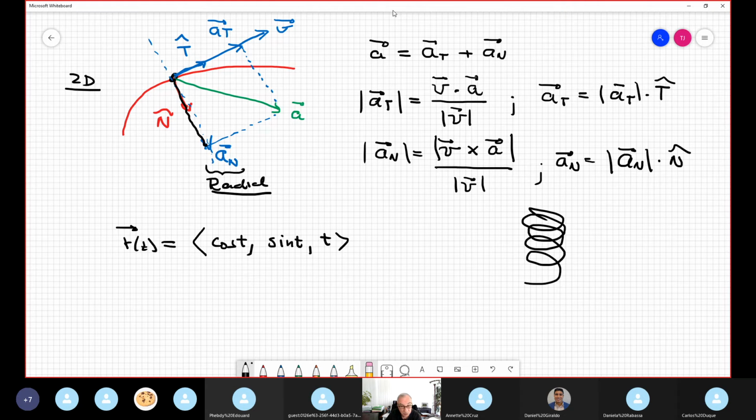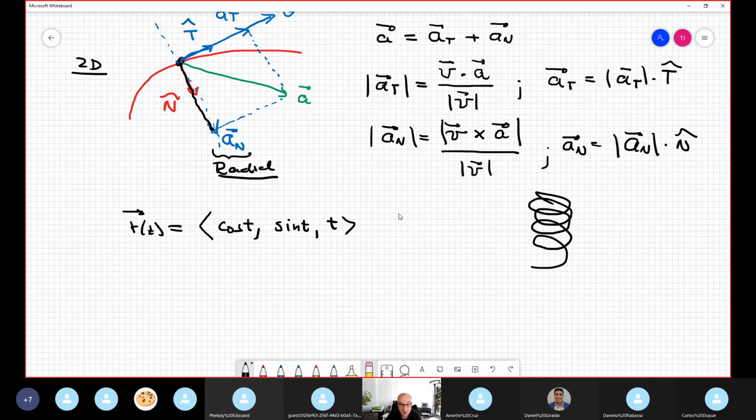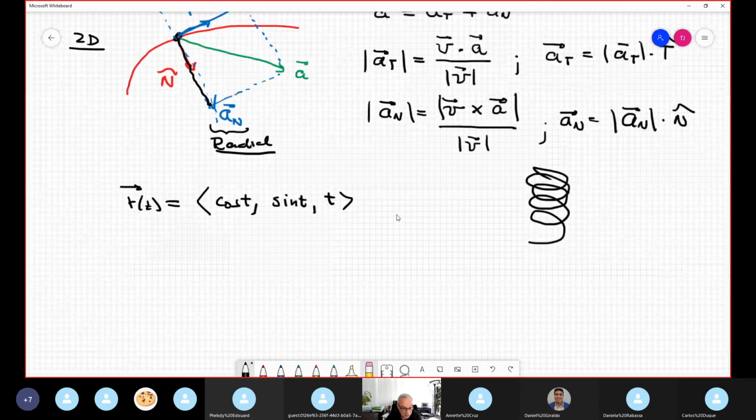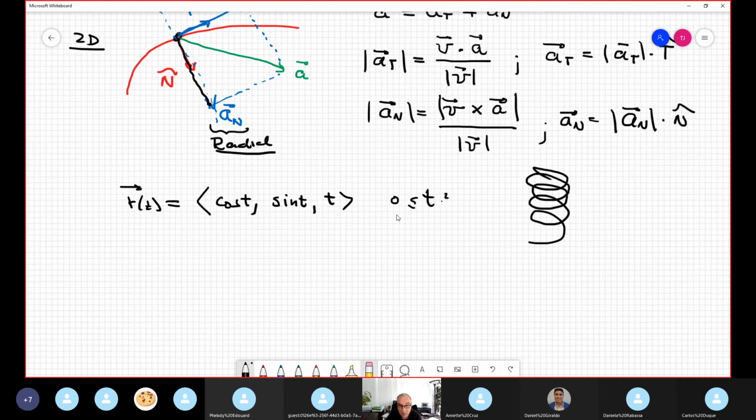I suppose you know how to put it in GeoGebra. Okay, and you see the helix. And in your specification, I want it between 0 and maybe 8 pi, because I want to see several periods of the helix.